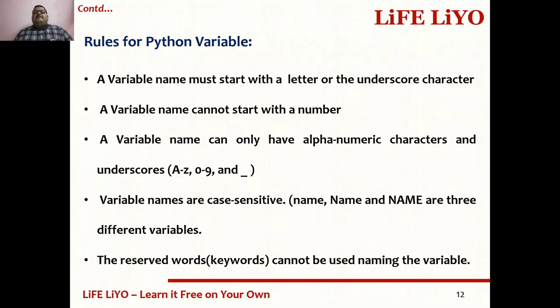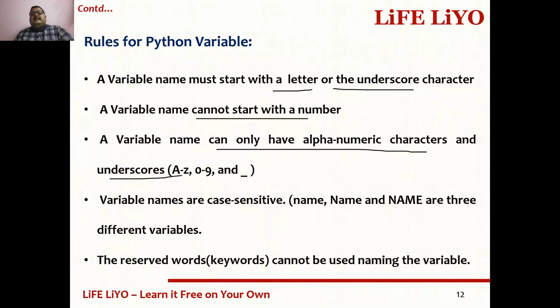A variable name must start with a letter or underscore. A variable name cannot start with a number. A variable name can only have alphanumeric characters and underscores, which means it doesn't support any special characters. And the most important thing is that variable names are case sensitive.